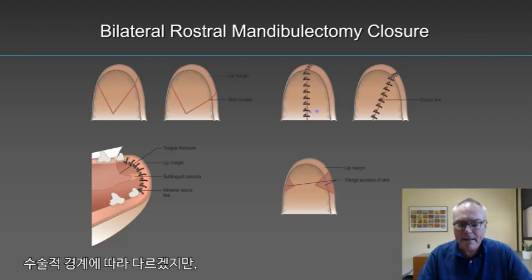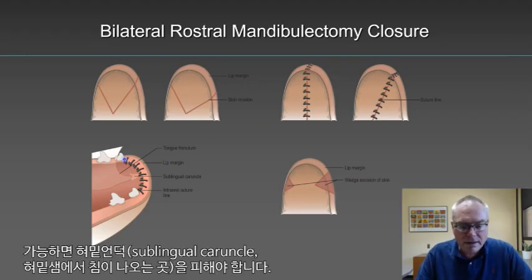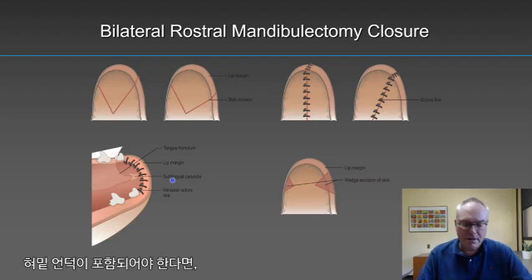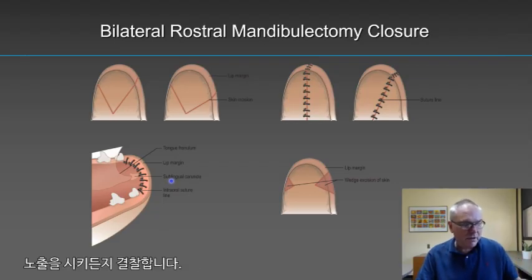Okay. So here we see how we try to avoid the sublingual caruncles, if that is possible, as determined by our surgical margin. So if the surgical margin involves the sublingual caruncles, one can transpose the caruncles or just ligate them.